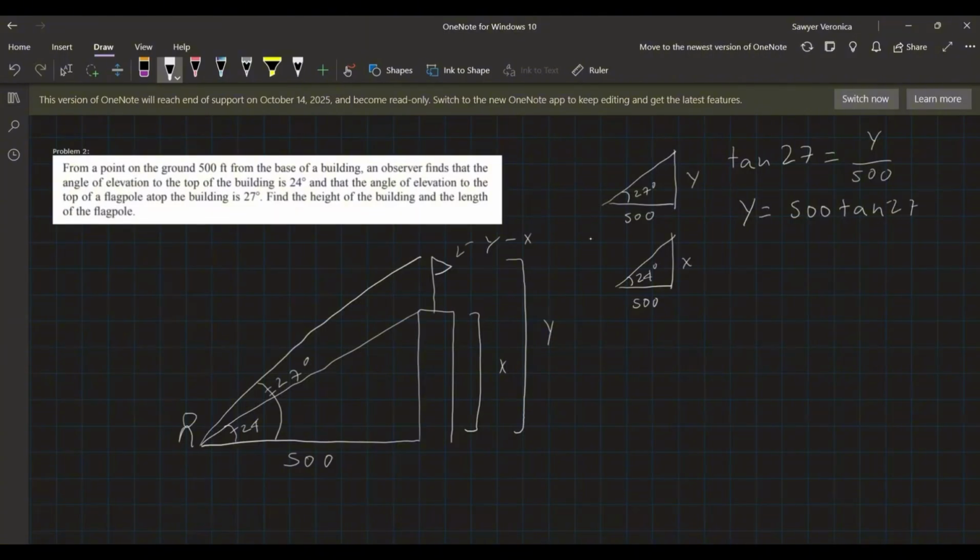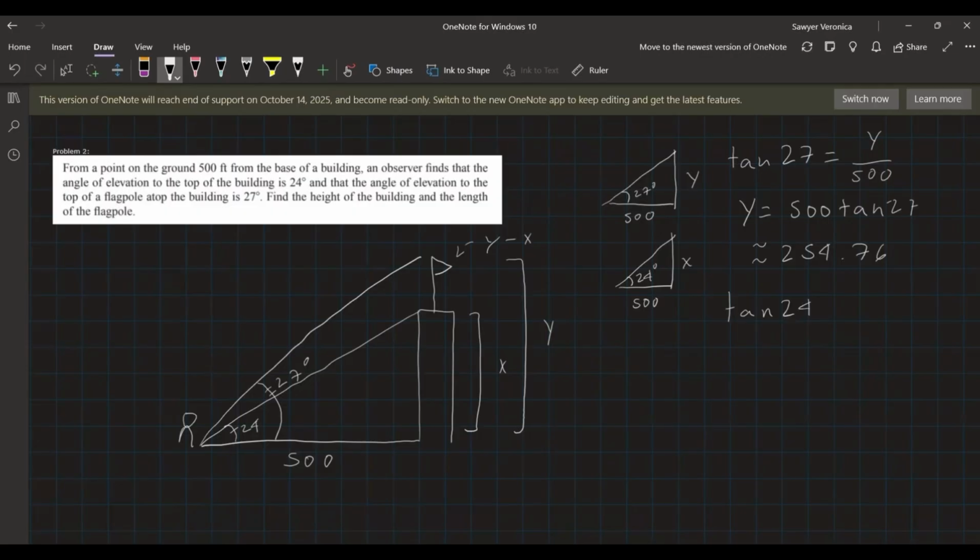And we can plug this in. 500 times tangent of 27 degrees is equal to around 254.76.